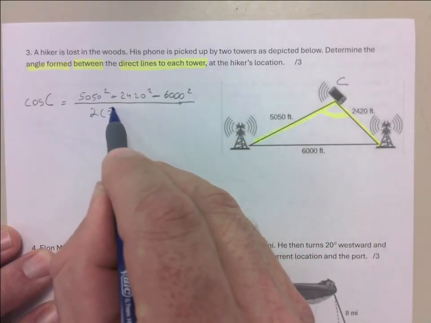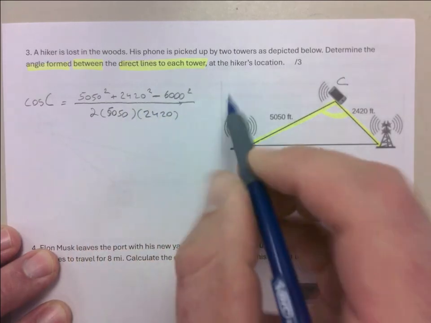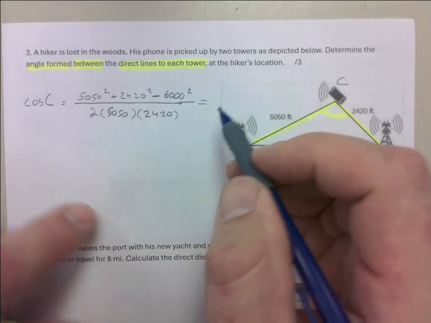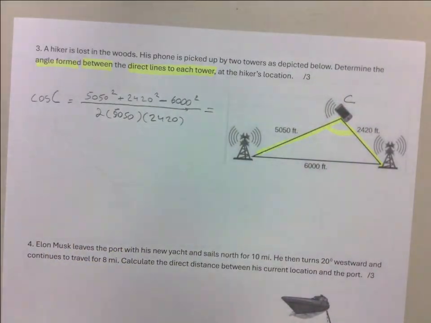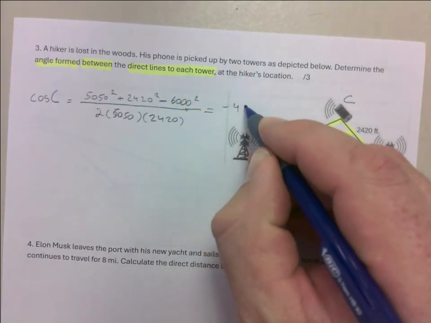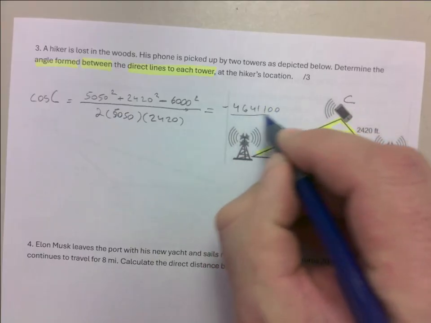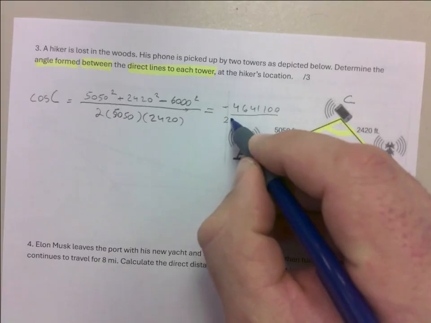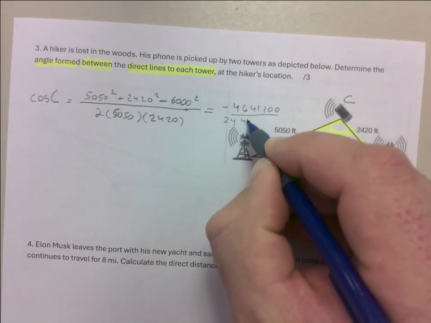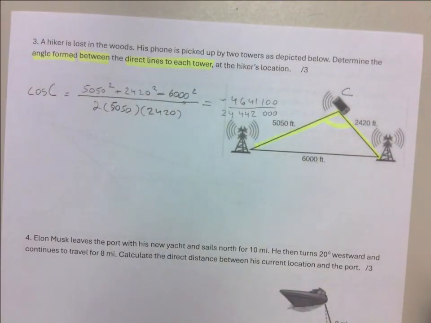Underneath is 2 times 50, right? And when you do the top part, you get a big number. You get negative 4,641,100. And in the denominator, you get 24,442 and 3 zeros, okay?